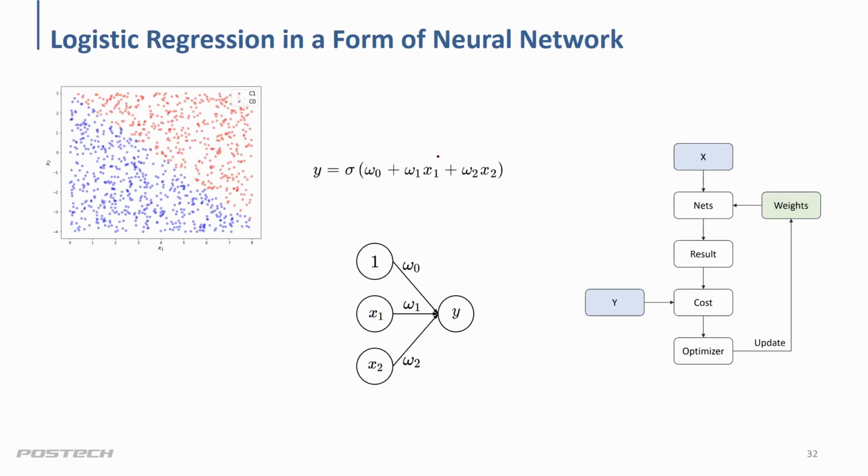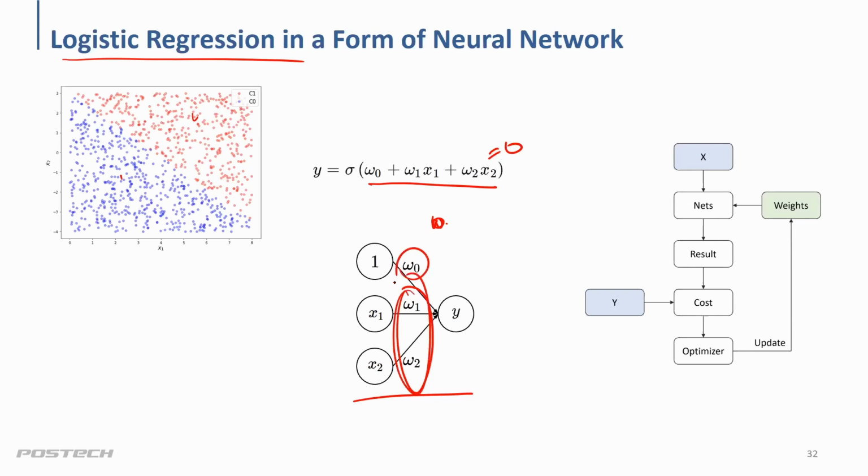Let's take a look at more concrete examples. I want to look at the logistic regression problem to explain it. As you can see, if you have this kind of linearly separable data set, this is a linear boundary, and you can represent it like this. Here, omega naught is the bias, and these are the weights.